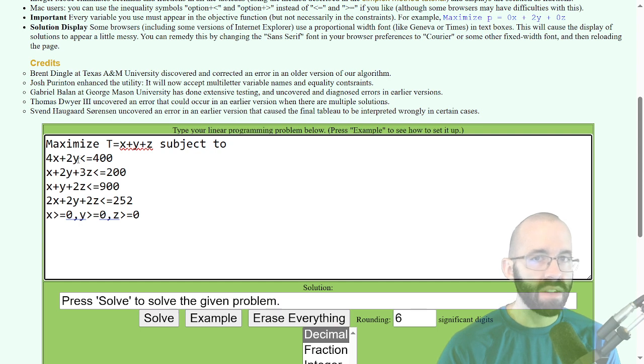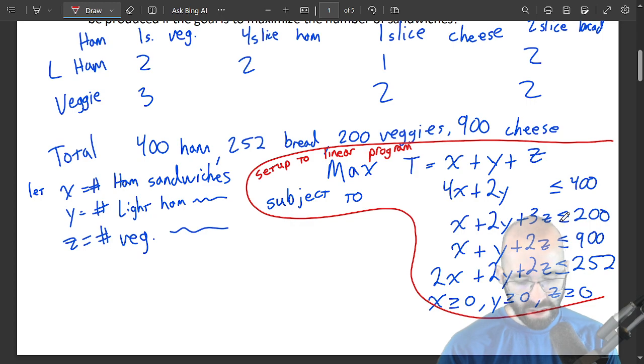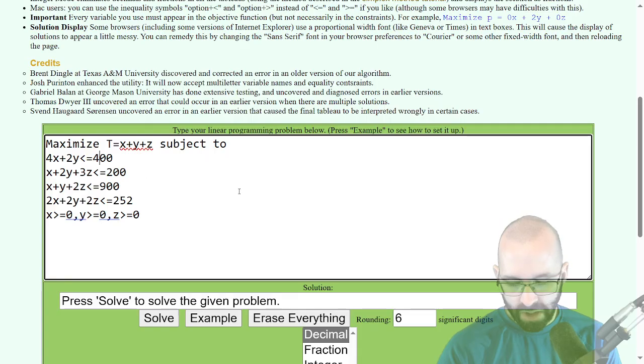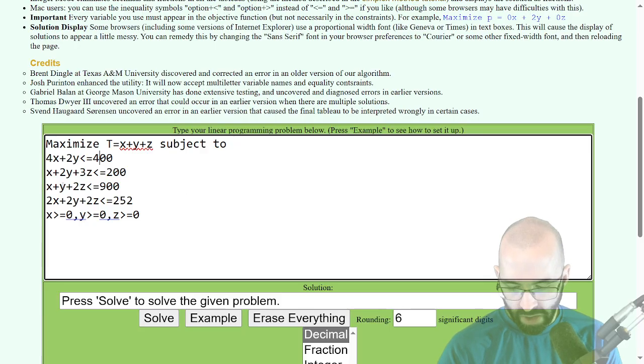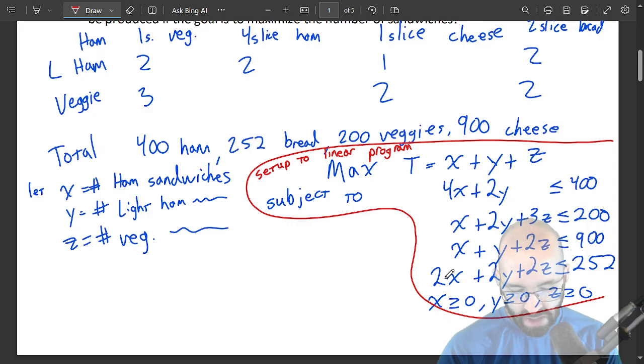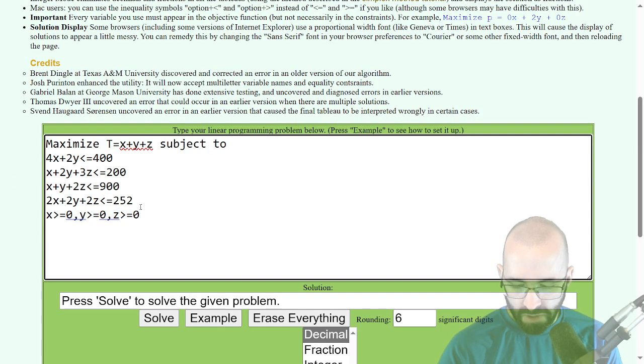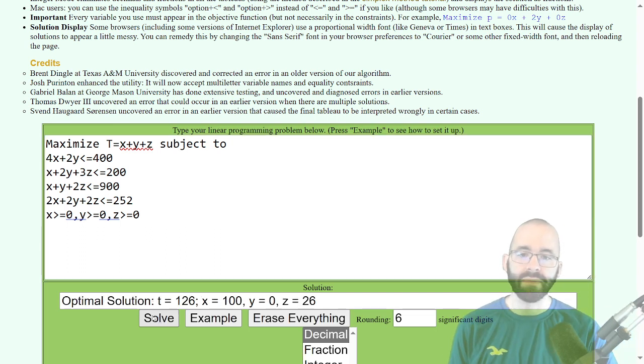There's no z. And 400. The next one is 1, 2, 3, 200. Then 1, 1, 2, 900. Then 2, 2, 2, 252. Great. Let's press the solve button, see what happens.